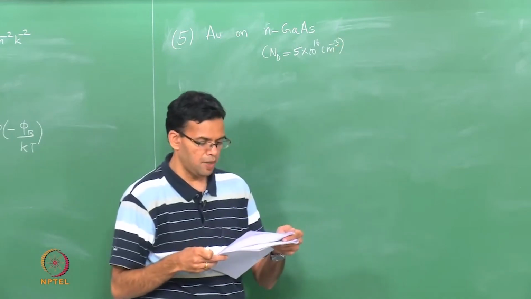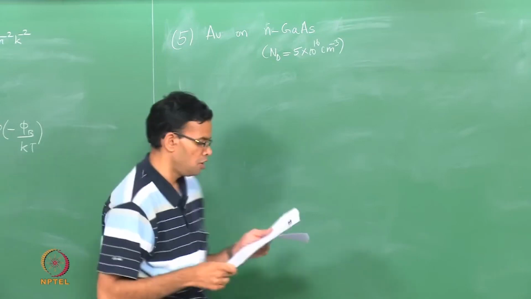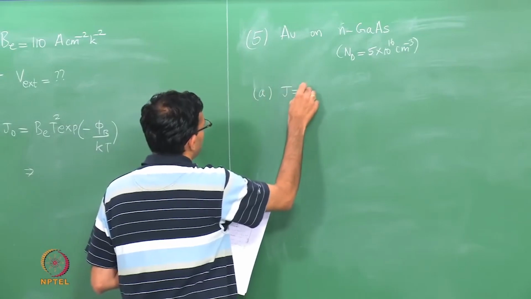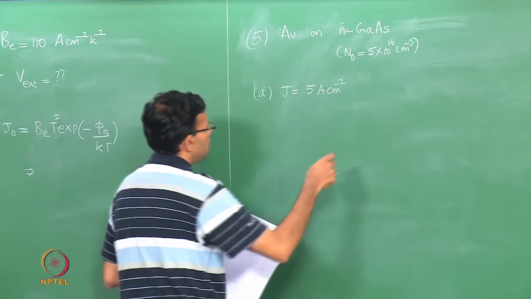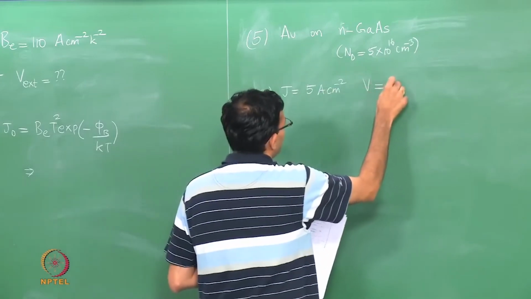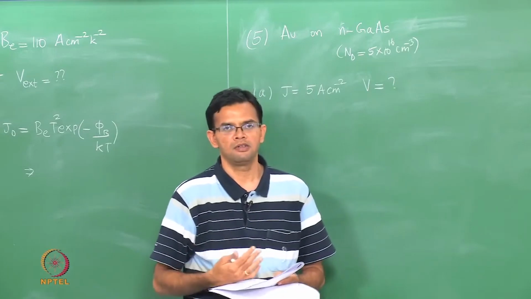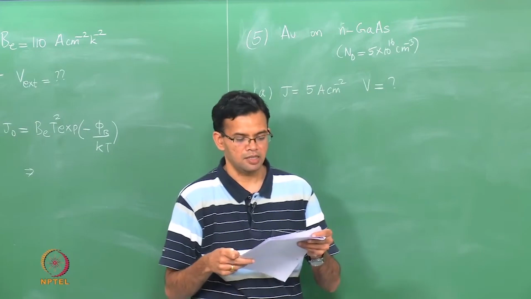Once again in part A, we need to calculate the forward bias voltage for a current density. J is 5 amps per centimeter square, and we need to calculate the voltage for that. This is again similar to the previous problem, except now the material is gallium arsenide.